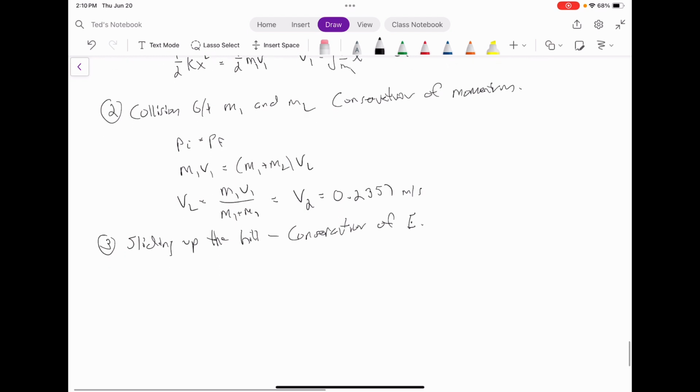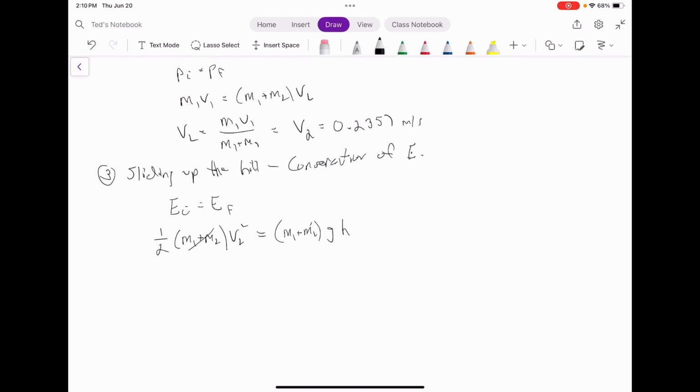So we're going to say that energy initial is equal to energy final. And the initial energy here is just kinetic energy, 1/2 m1 plus m2 v2 squared. And the final energy is just gravitational potential energy, mgh. So that's going to be m1 plus m2 times g times h.